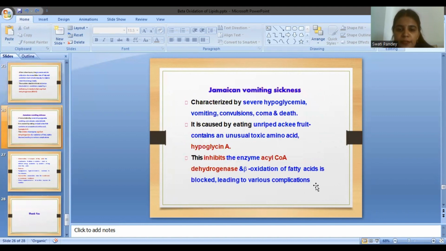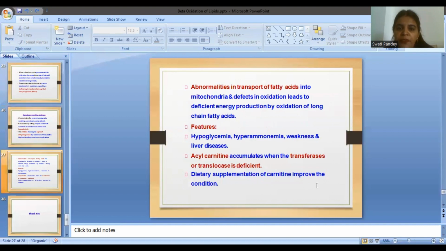Another disease is known as the Jamaican vomiting sickness, which is characterized by severe hypoglycemia. Hypoglycemia is the reduced level of blood glucose in the body, along with vomiting, convulsions, coma, and death. It is caused by eating unripe ackee fruits that contain an unusual toxic amino acid known as hypoglycin. This inhibits the enzyme acyl coenzyme A dehydrogenase, and the beta oxidation of the fatty acid is blocked, which leads to various complications.